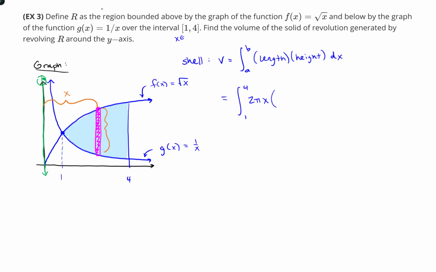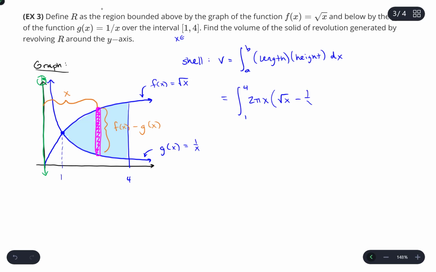We can come up with the height of this rectangle in general by doing the function f of x minus the function g of x, which is exactly right. So here that would be the square root of x minus 1 over x, and then we would be integrating dx.